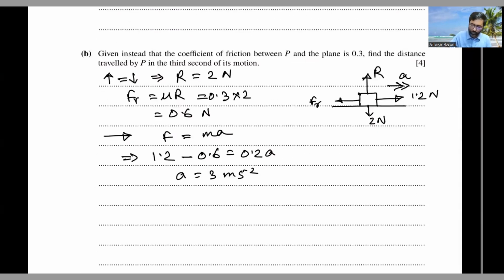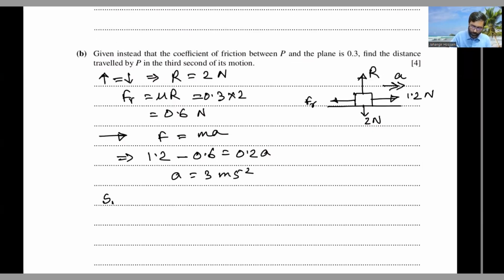Now you have to calculate the distance traveled in the third second. To find the distance traveled in the third second, you need to find the distance traveled in the first 3 seconds minus the distance traveled in the first 2 seconds. So that will give you the distance traveled in the third second.